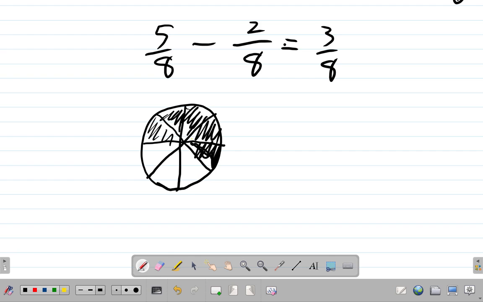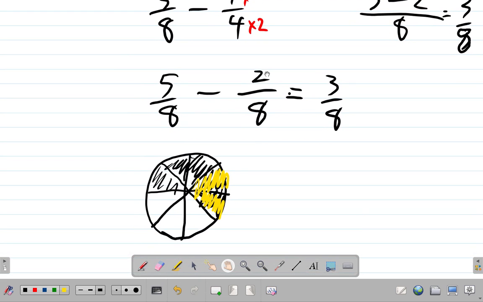So if you take off 2 of the 8, you're left with 1, 2, 3 eighths. 2/8 is the same as 1/4. You take off those 2/8 and you're left with 3/8. You see that?